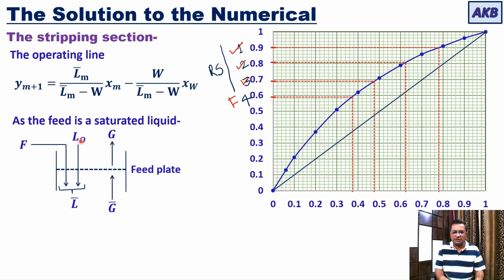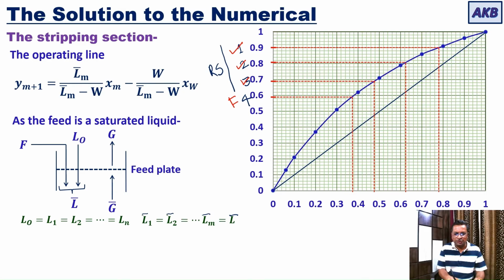In the rectifying section, the liquid flow rate is L. And since we have used the assumption of equimolar overflow, L0 is equal to L1 is equal to L2 is equal to Ln. So that means in the rectifying section, on every plate, the liquid flow rate is the same. And the same is the case in the stripping section. In the stripping section as well, the liquid flow rate is the same for every plate, but its value is different.